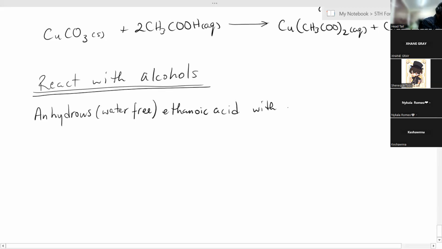Anhydrous ethanoic acid reacts with alcohols to produce an ester and water.